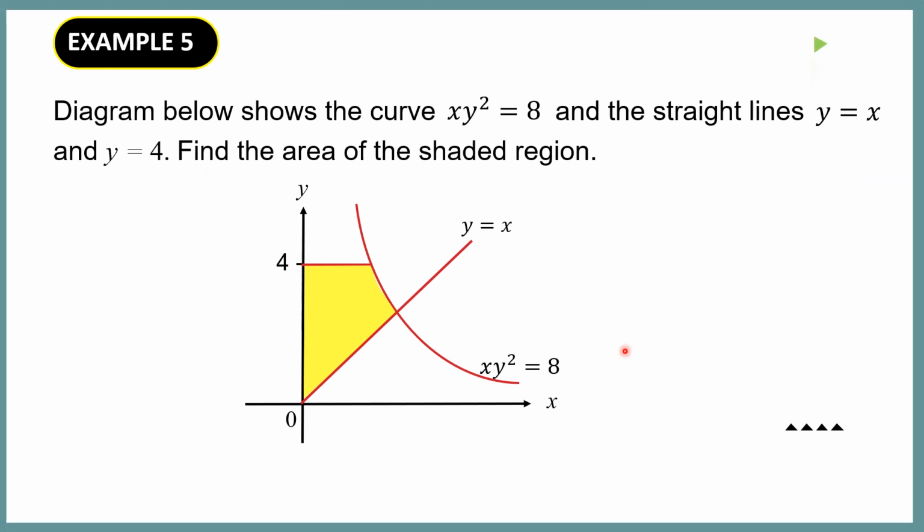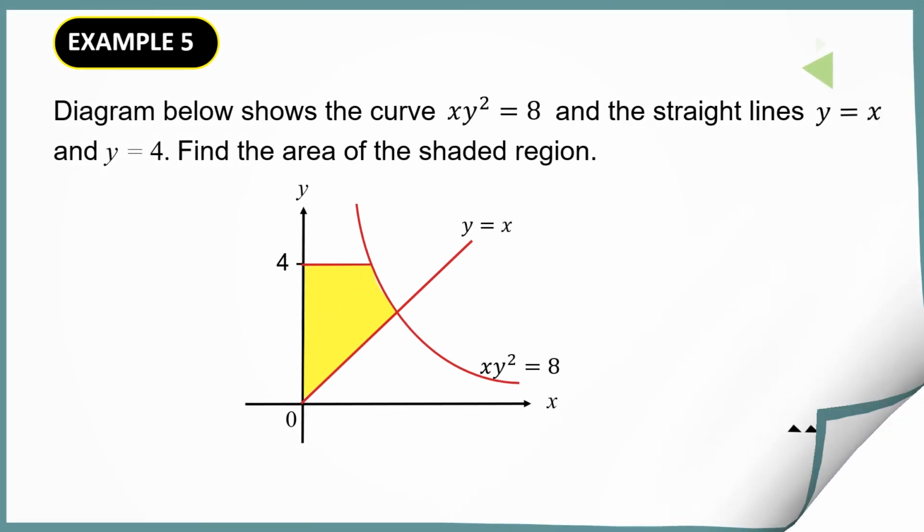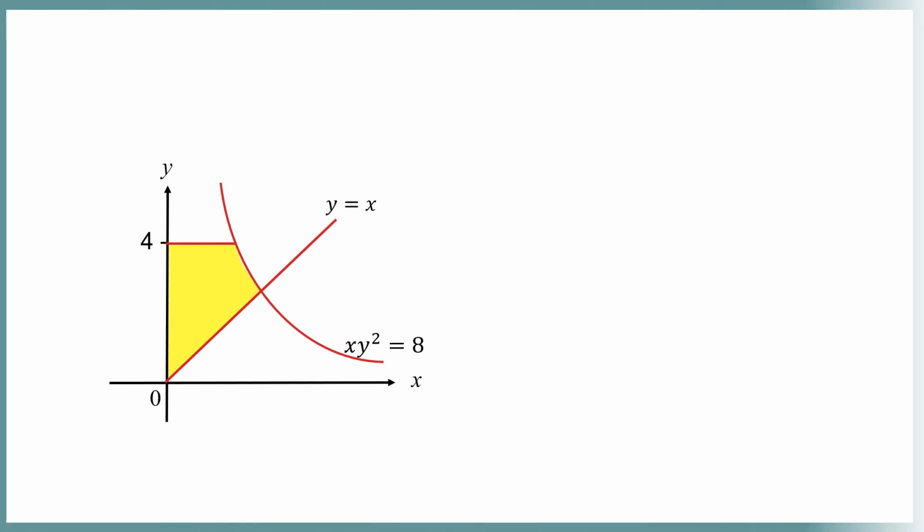Example 5. Diagram below shows the curve xy squared equal 8, the straight line y equal x, and y equal 4. We are required to find the area of the shaded region. The first step is to find the point of intersection between the straight line y equal x and the curve xy squared equal 8.